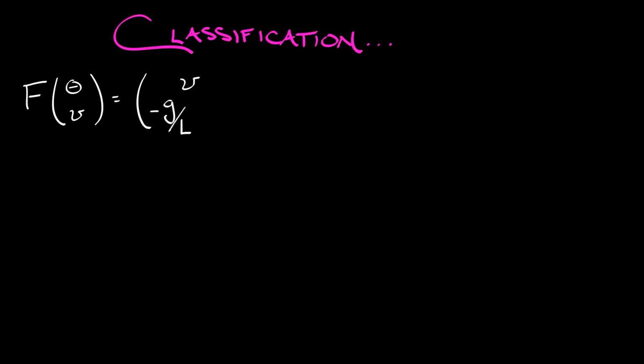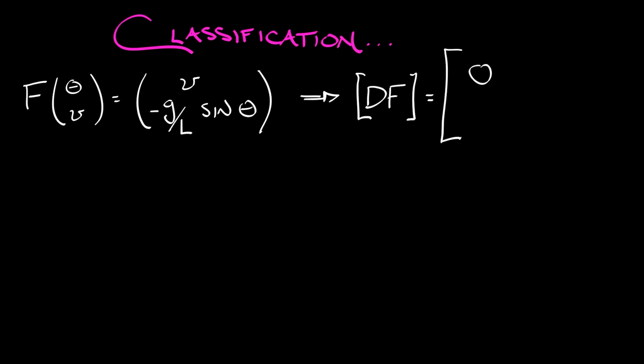Next up is classification. The right-hand side of our dynamics, our function f, is v and minus g over L sine theta. Taking the derivative of that gives us the 2 by 2 matrix, whose first column is 0, and then minus g over L cosine theta. And then the second column, the partials with respect to v, are simply 1, 0.